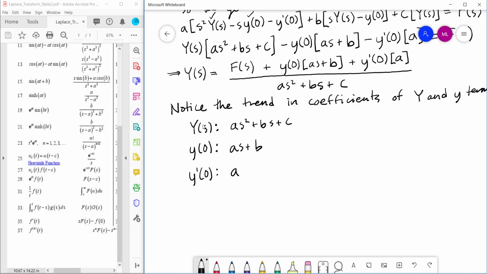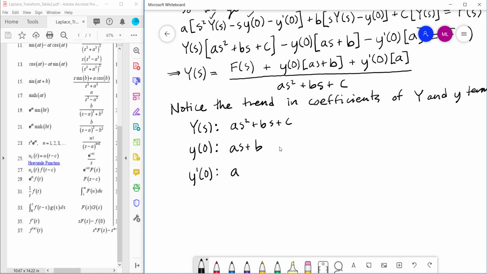This trend will continue, so if we were dealing with a third order differential equation, this term would look like as cubed plus bs squared plus cs plus d, and then this one would look like one order less than that, and then one order less than that, and then we'd have yet another initial condition on y double prime, because it would be a third order differential equation. We'd need 3 initial conditions, and it would be the one that would look like a.